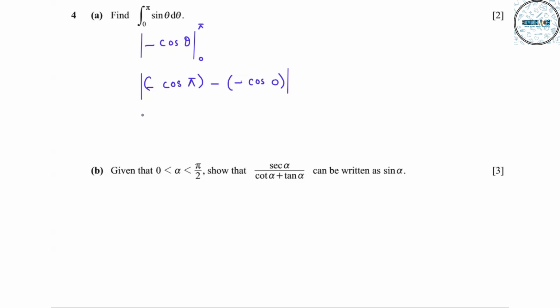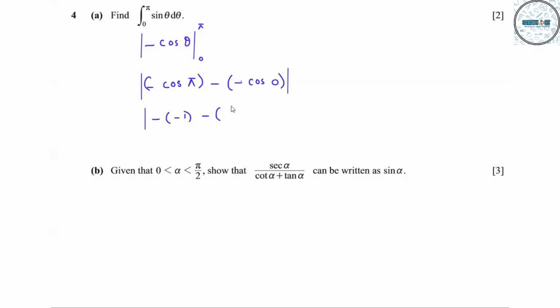You must know that cos pi is cos 180 degrees, and at 180 degrees the value of cos is minus 1. So we can write here minus into minus 1.